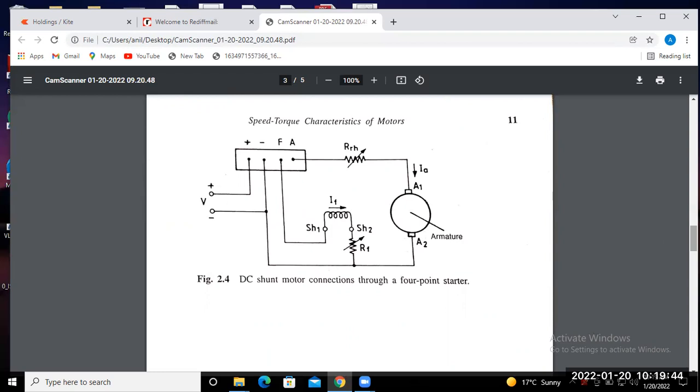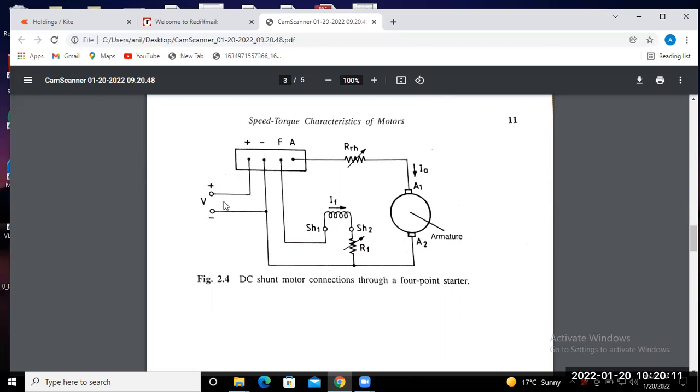If we simply apply KVL here, then we can write the voltage equation. The back EMF induced in the armature coil of the motor is represented by EA, so this voltage may be considered as EA. Just apply KVL in the circuit.